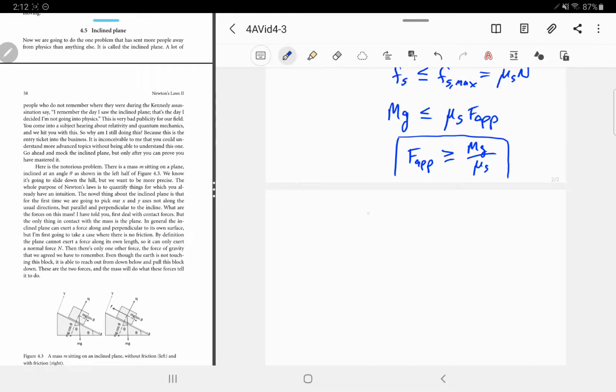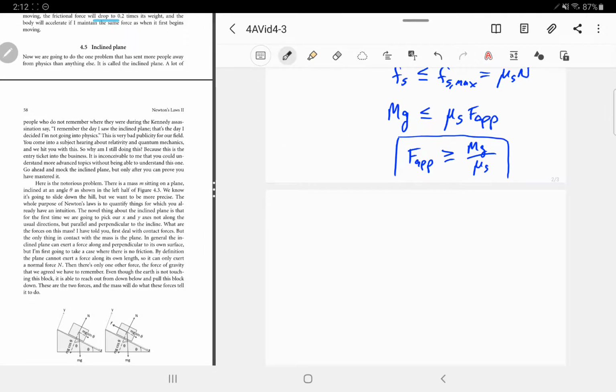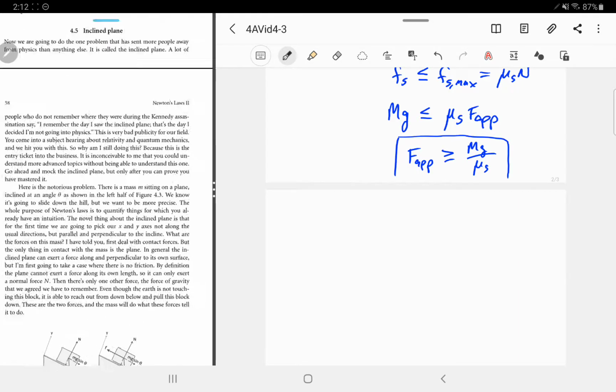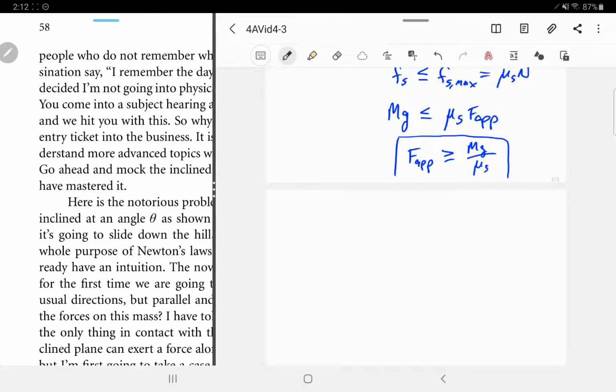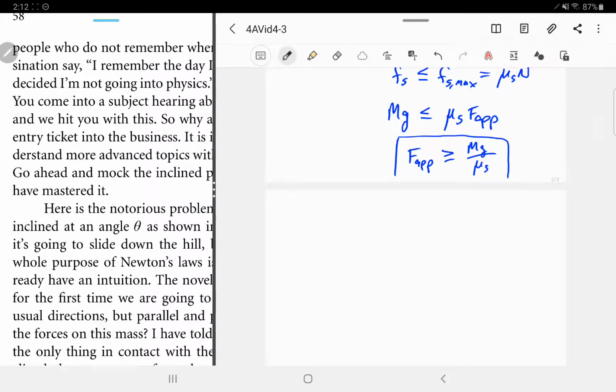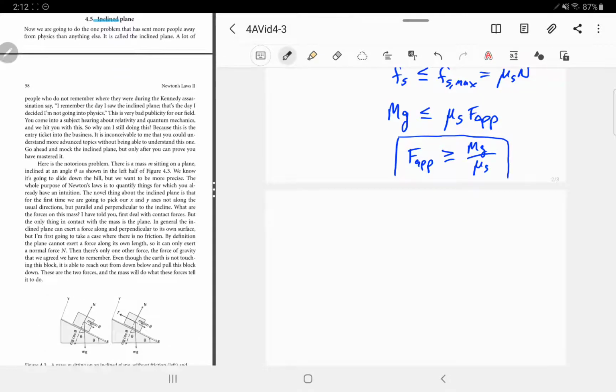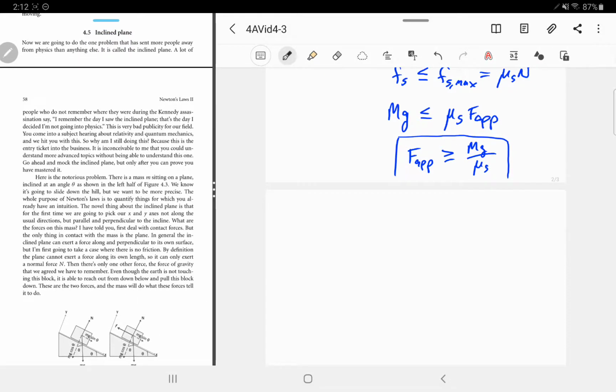All right. Inclined planes is the next topic. The author of your textbook says that it's not a terribly interesting problem, but in his words, it's your entry ticket into the business. You have to be able to analyze these problems to progress in physics.